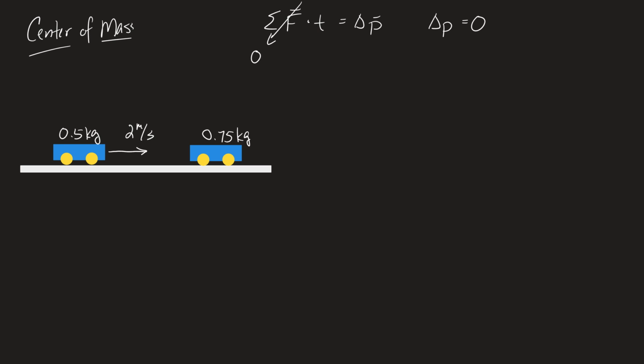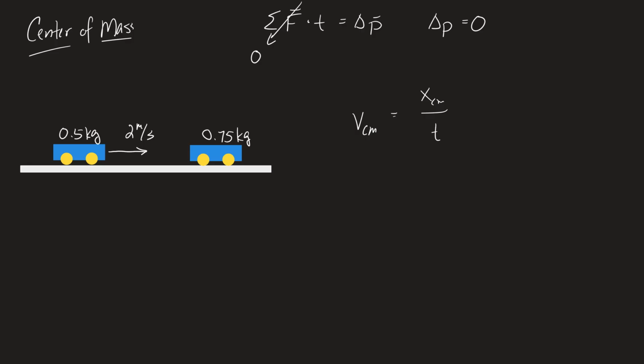Is the center of mass of this system staying still? No, the center of mass of this system is changing. So one of the things we could talk about is not the center of mass of the system, but the velocity of the center of mass of the system. I want you to consider that this would just be the center of mass of the system divided by t, right? The rate of change of the position of the system.